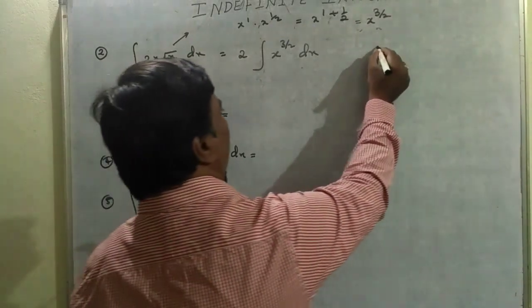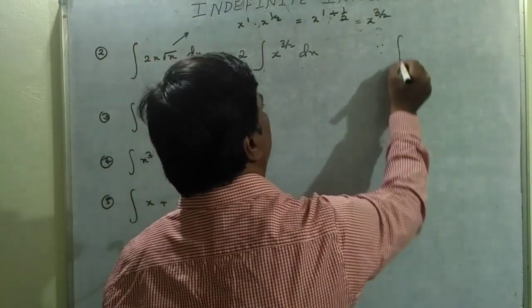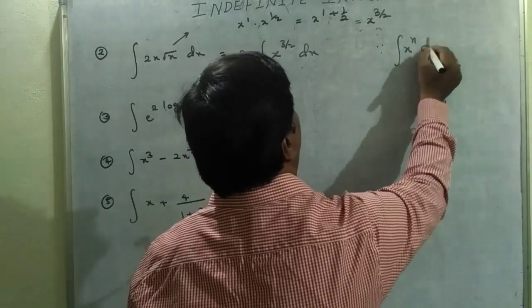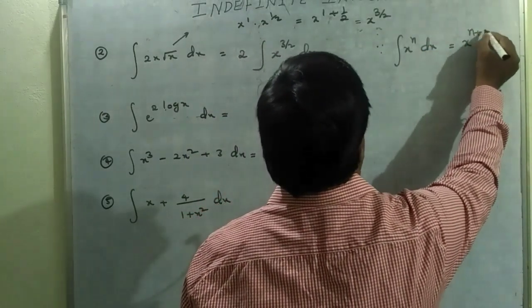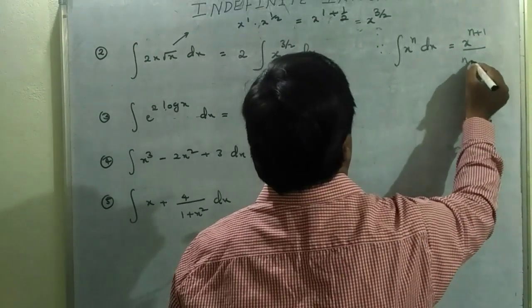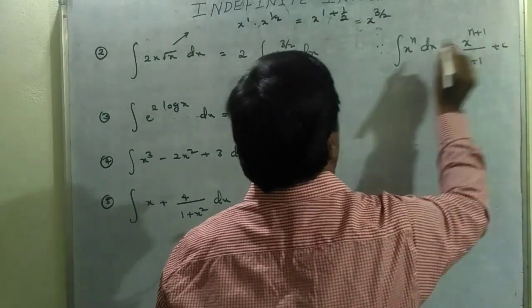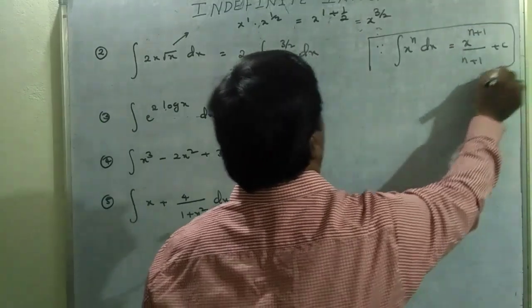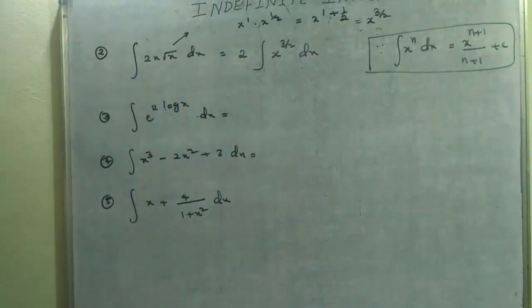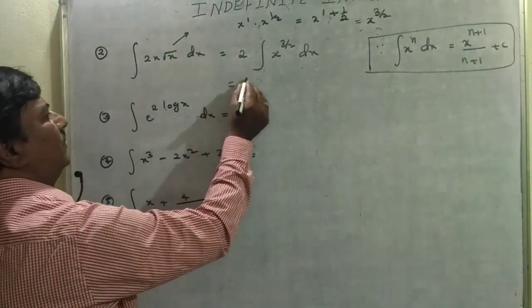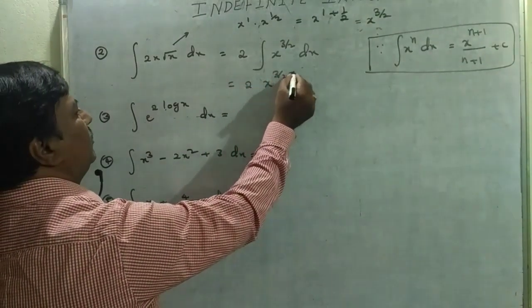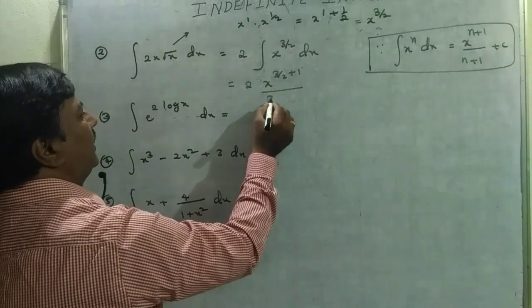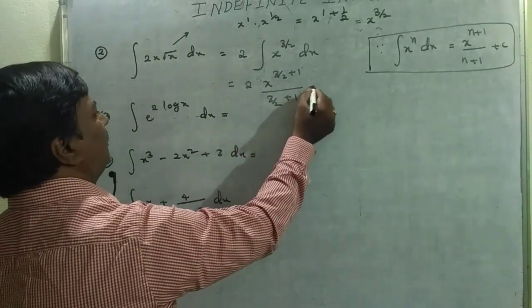This is just an application of the formula: integral of x to the power of n dx is equal to x to the power of n plus 1 divided by n plus 1, plus c. Now here we have 2 into x to the power of 3 by 2 plus 1 divided by 3 by 2 plus 1, plus c.